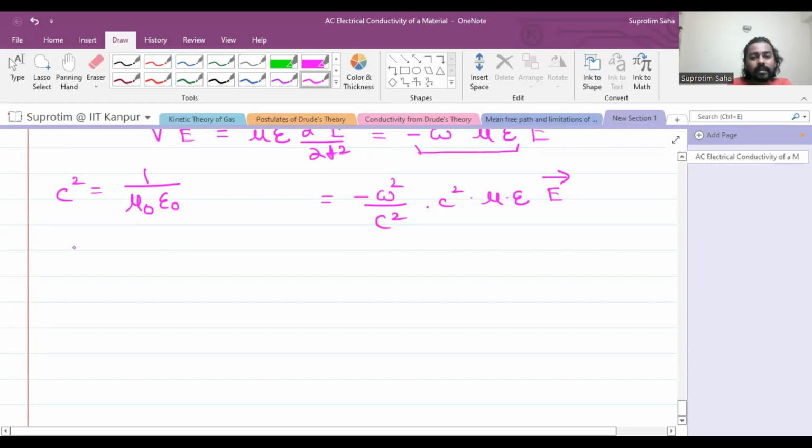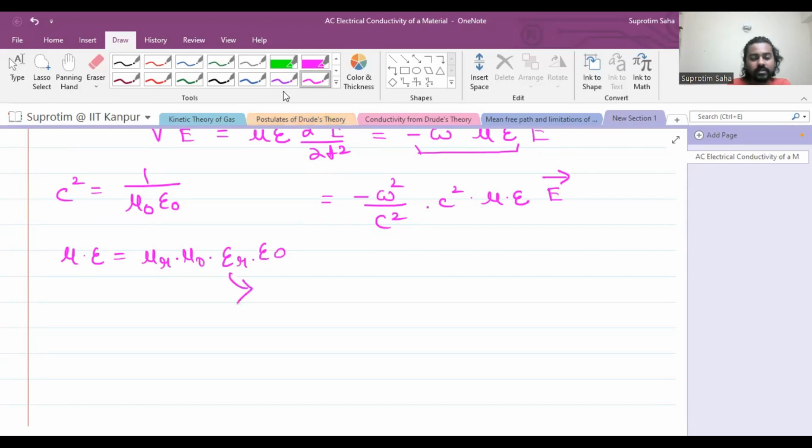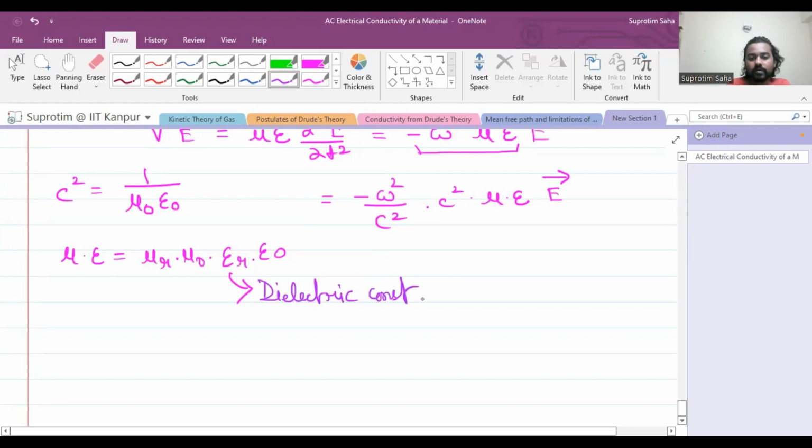So your mu is mu r mu naught and epsilon is epsilon r epsilon naught. This is your dielectric constant, and mu r equals 1 for non-magnetic media.